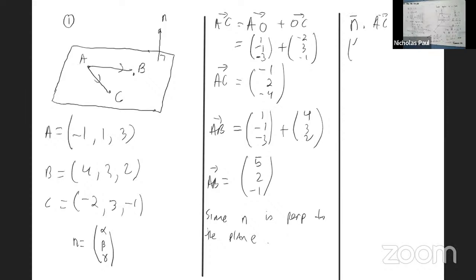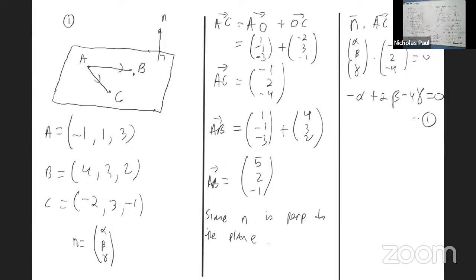So alpha, beta, gamma multiplied by -1, 2, -4 is 0. So it means that minus alpha plus 2 beta minus 4 gamma is 0. Right? Let's call that equation 1.